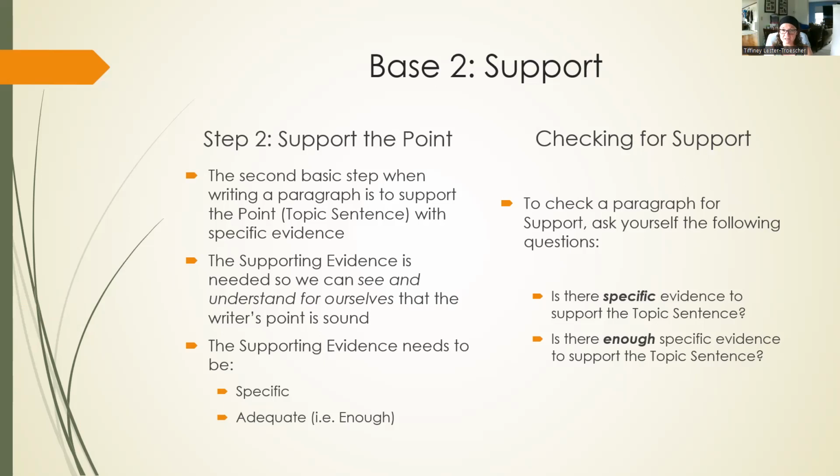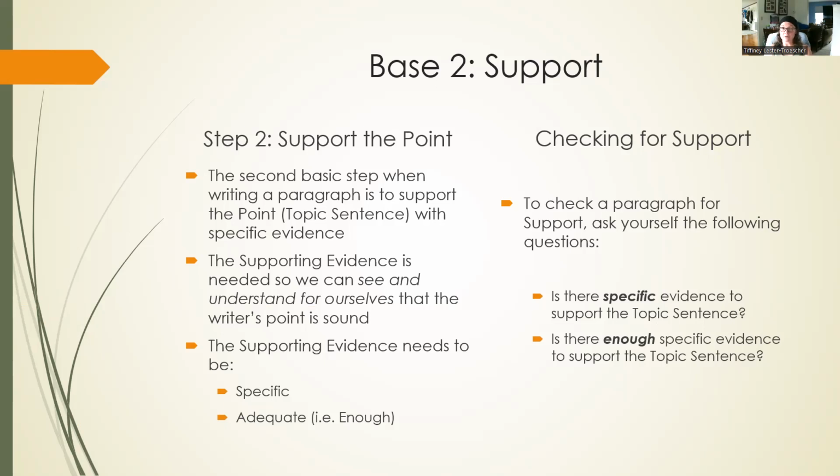You want to use specific examples, not general, vague examples. And you want it to be adequate, meaning there needs to be enough of it. So to check for support, you're going to read your paragraph and ask yourself, is there specific evidence to support the topic sentence? Is there enough specific evidence to support the topic sentence?